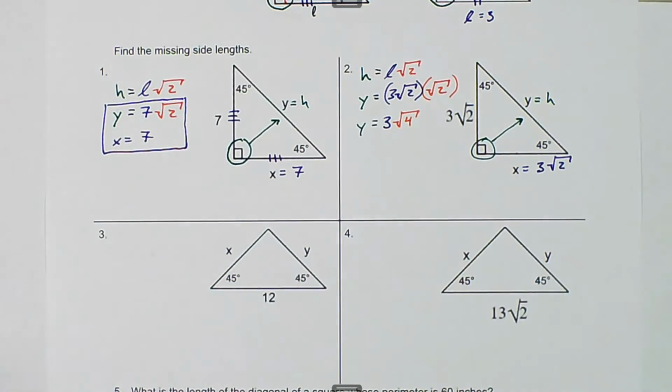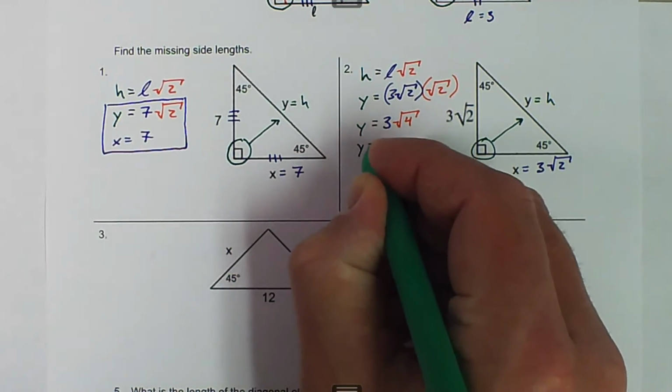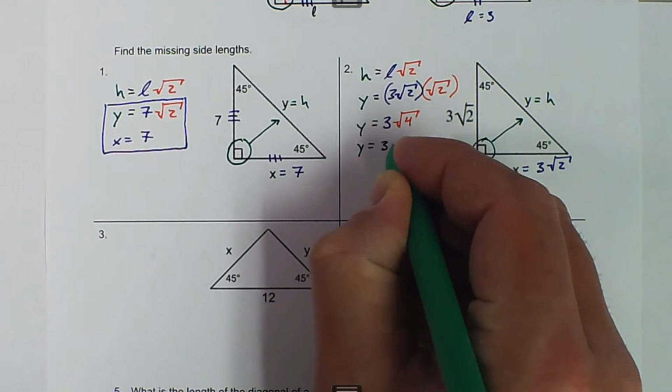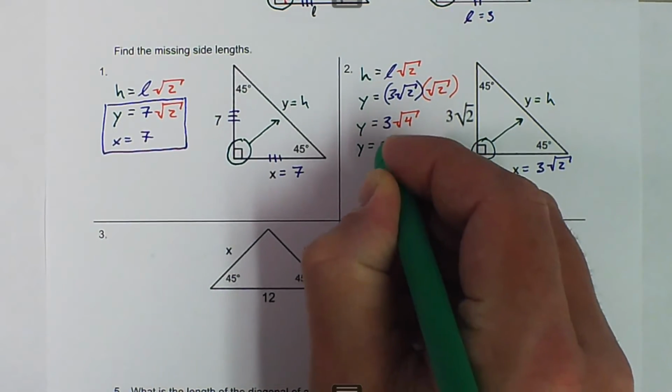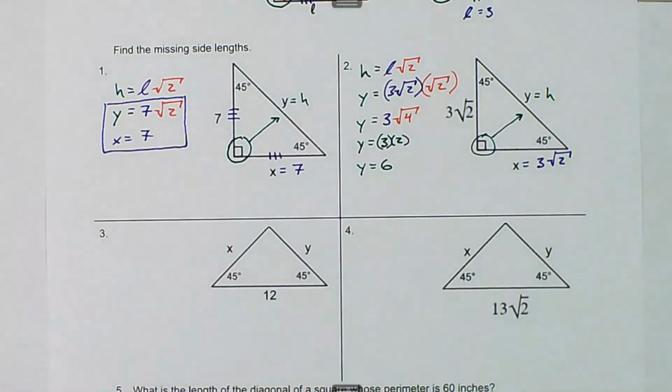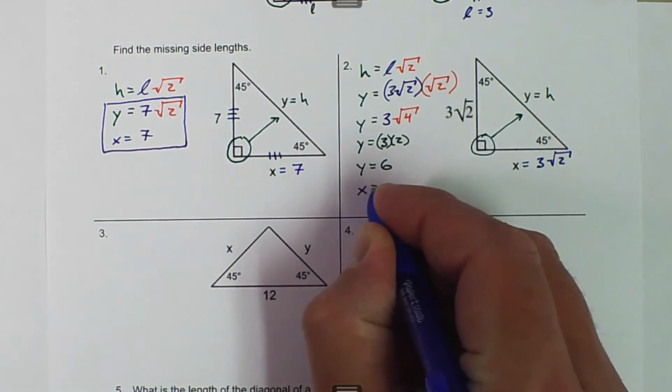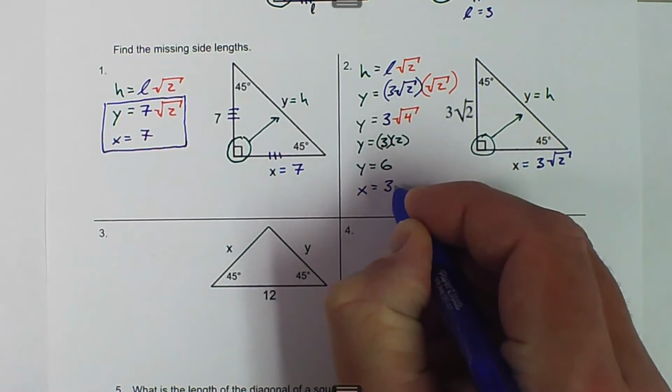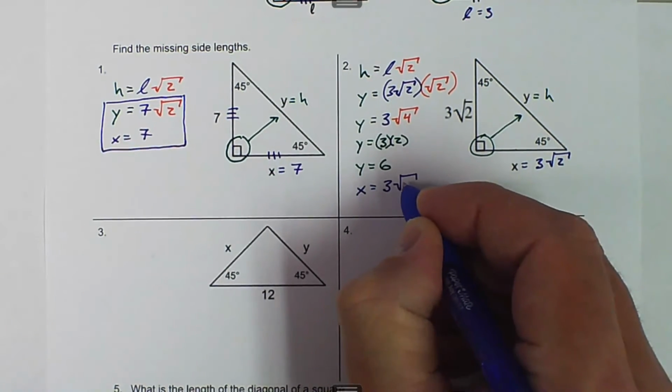So y is equal to 3 times the square root of 4, and the square root of 4 is 2. So then we get y is equal to 6. And then we already knew that x was equal to 3 times the square root of 2.